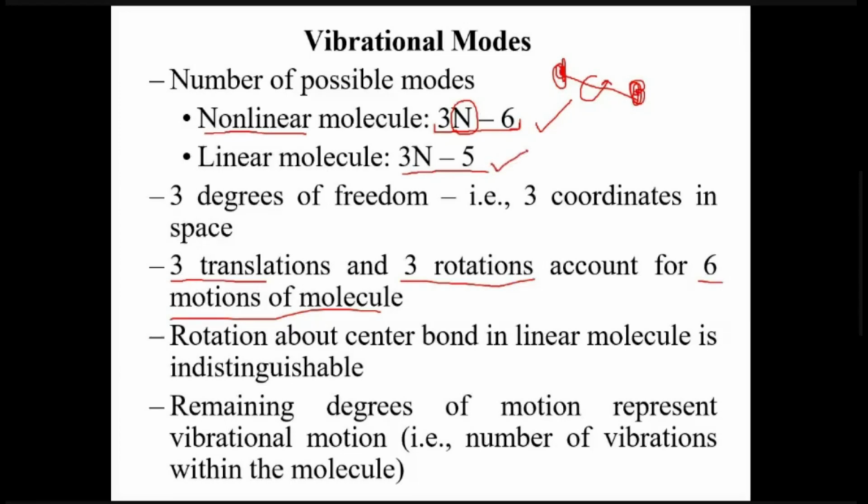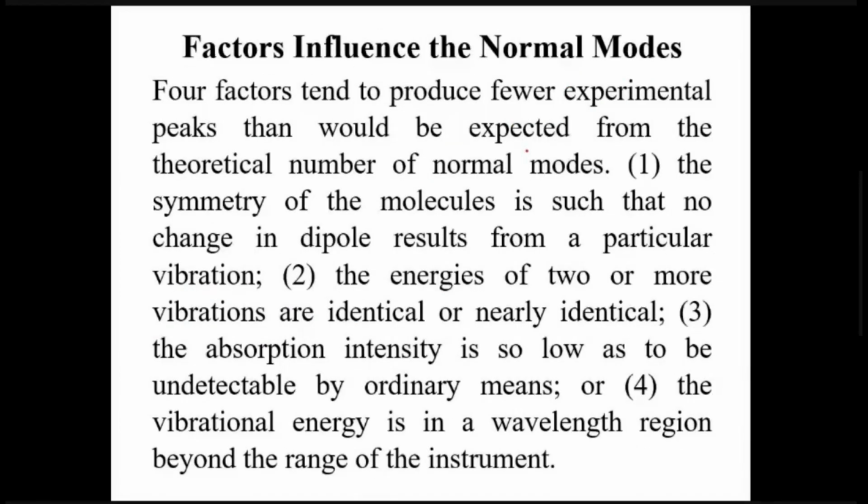So in normal conditions, what are the factors that influence these normal modes of vibration? There are four factors which tend to produce fewer experimental peaks than would be expected from the theoretical number of vibrations. Consider the molecule as a physics model, like the three iron spheres connected with springs.